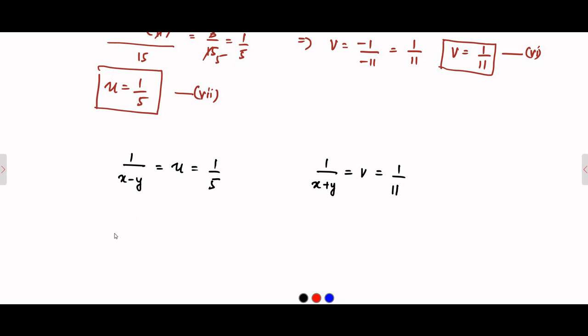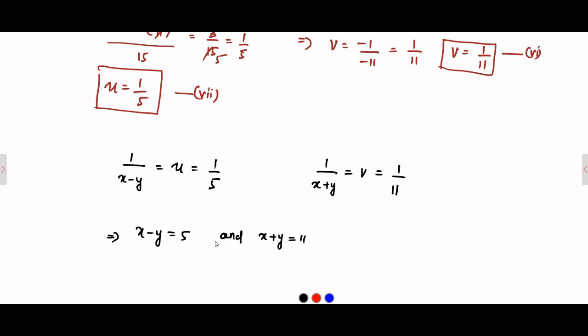So that implies x minus y is equal to 5 and x plus y is equal to 11. Again we have got two linear equations in two variables, in terms of x and y.